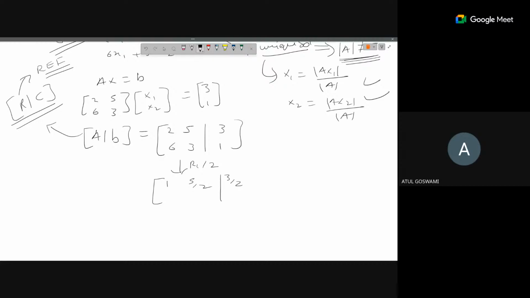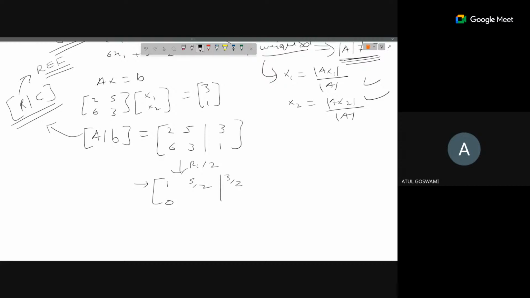Whatever we do with this matrix, we do for this column as well. We just keep this bar. Row 2 stays the same, but now we can subtract. I'm doing a shortcut: I'm subtracting row 1 from row 2 after multiplying row 1 by 6. So 6 times this is 0, and 6 times 5 by 2 is 15.